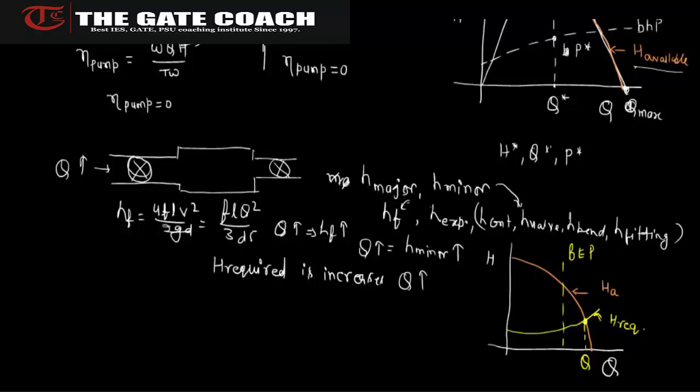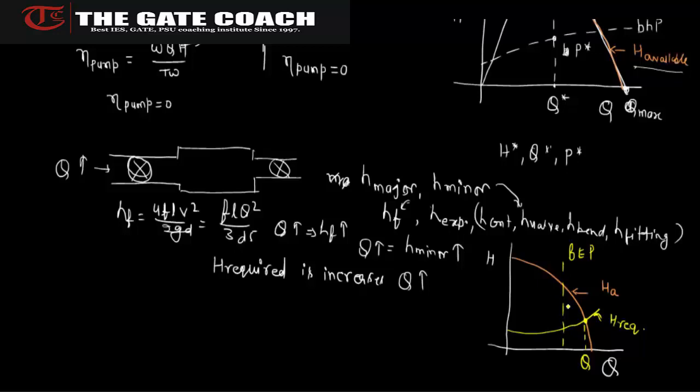But in most cases this is not possible. So it is desired that this intersection point is as near as possible to the best efficiency point.